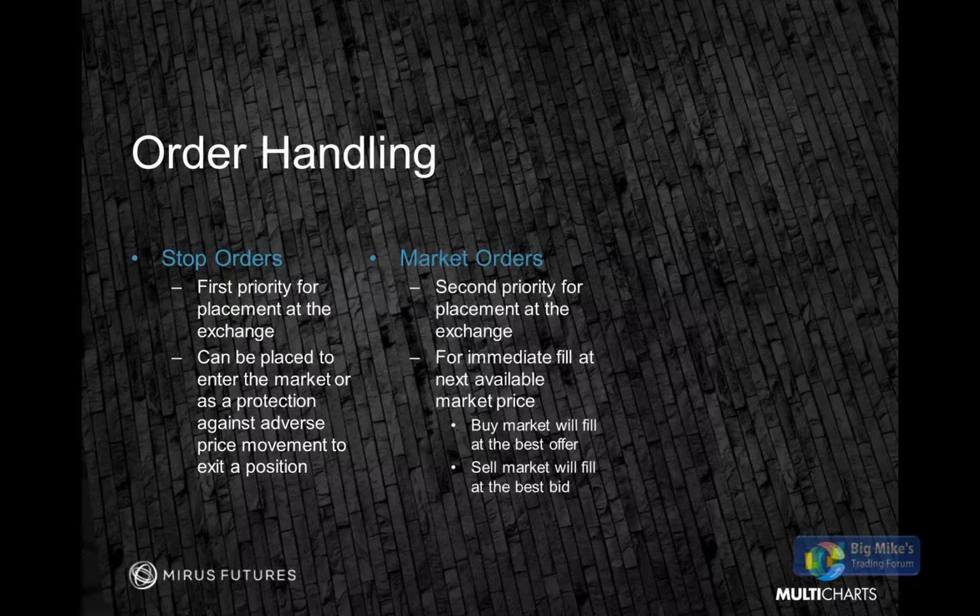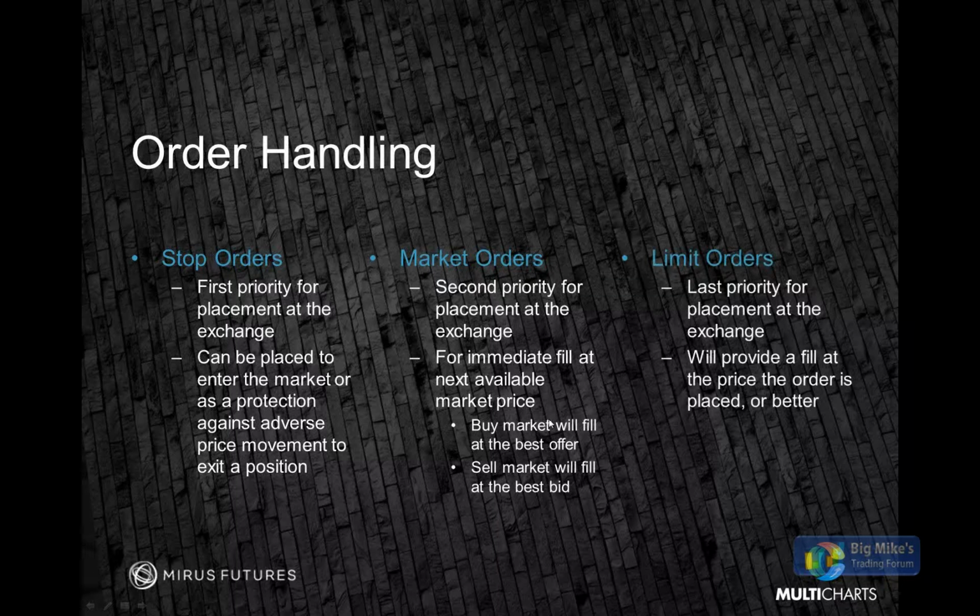They are going to fill you at the next available market price. That means a buy market order will fill at the best offer price, the price that the world is willing to sell something at, and a sell market order is going to fill at the best bid, the best price that someone's willing to pay.